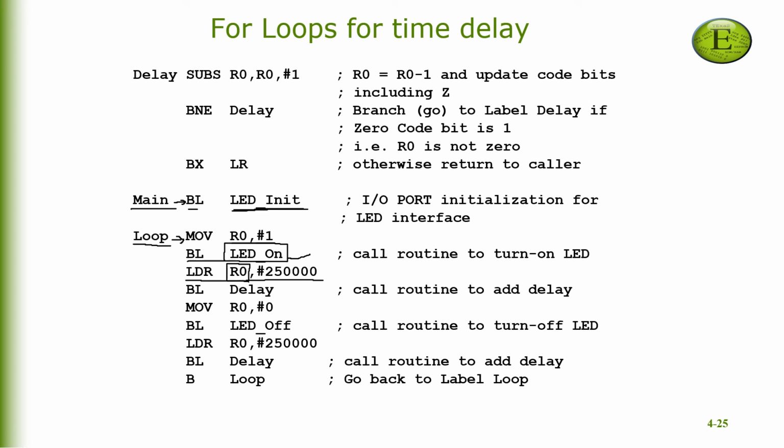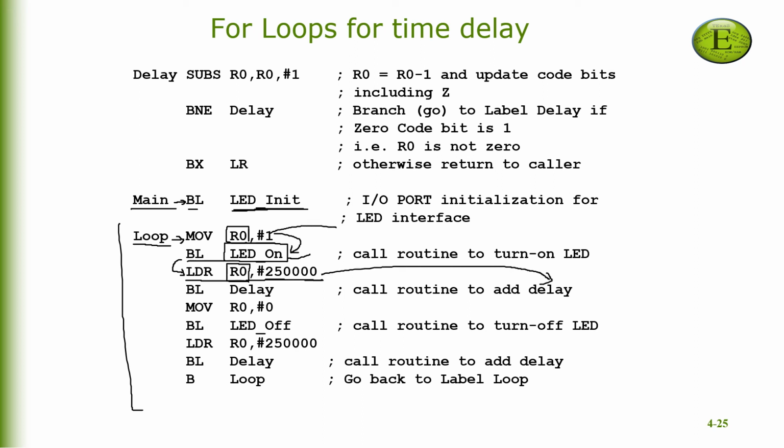Remember, the last time the value of the register was updated, it was written to the IO ports inside the routine. And once we are back to executing our part of the main program over here, we are going to reuse the register, this time with a different value. This is the value that corresponds to the delay.